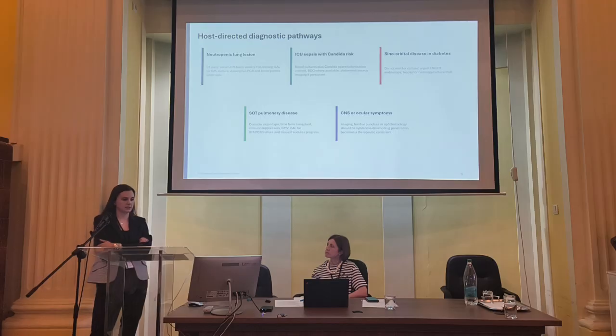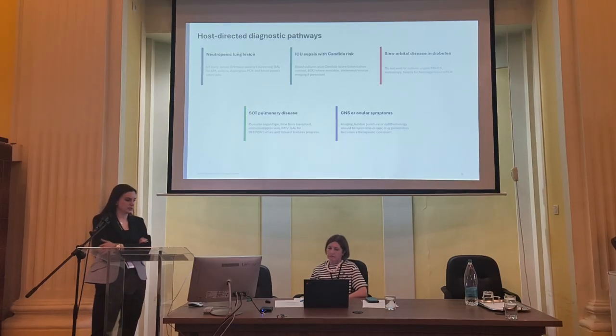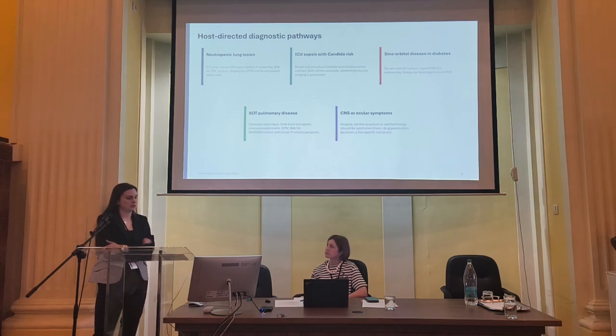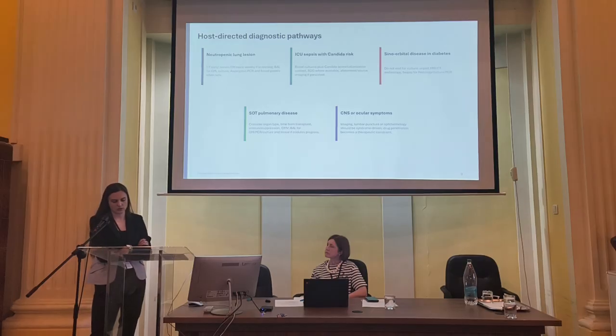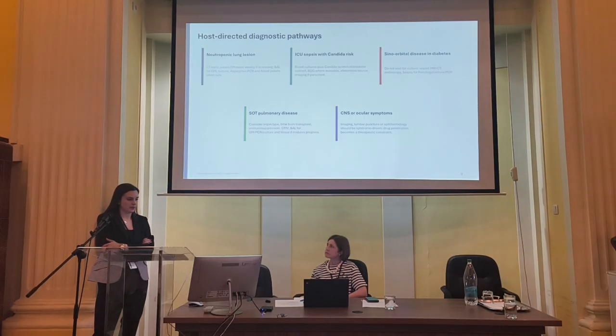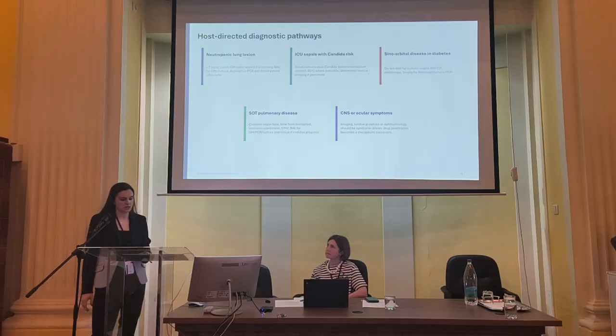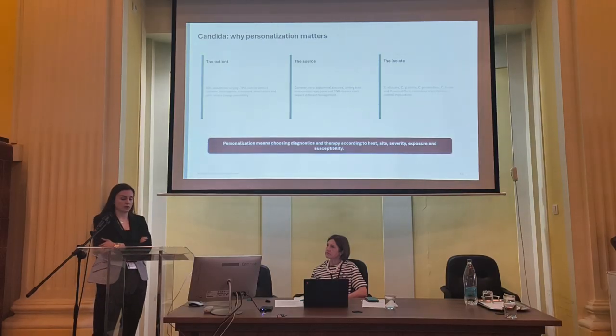If we have rhino-orbital disease with diabetes, we don't wait for the culture and we treat that patient. If we have solid organ transplant pulmonary disease, we need to consider organ type, time from transplant, and administration of immunosuppression, and if necessary, we need to de-escalate the immunosuppressive therapy. If we have some central nervous system or ocular symptoms, we need to act immediately.